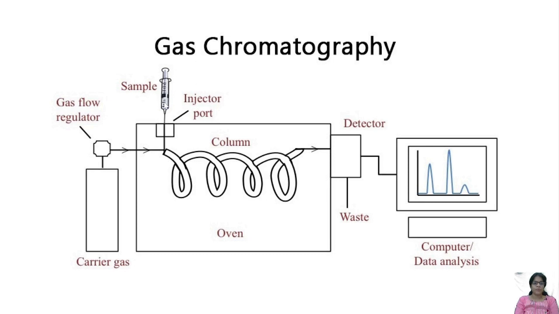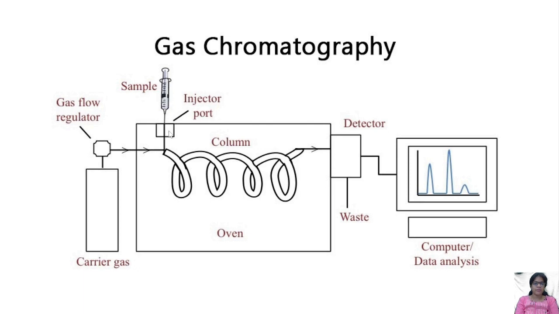Those compounds are injected near the port at a high temperature, around 55 to 60 degrees, because at that higher temperature whatever sample is in the liquid part would immediately get vaporized, and it is ready for the separation. Here the column is the stationary phase itself, and a carrier gas like helium or nitrogen is generally used as the inert gas for the mobile phase in gas chromatography.